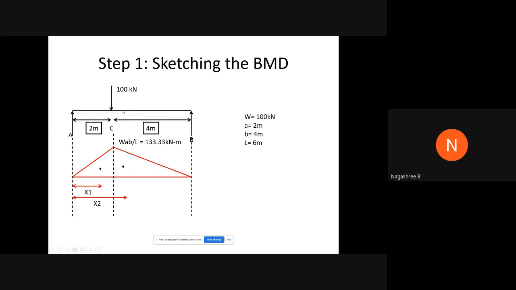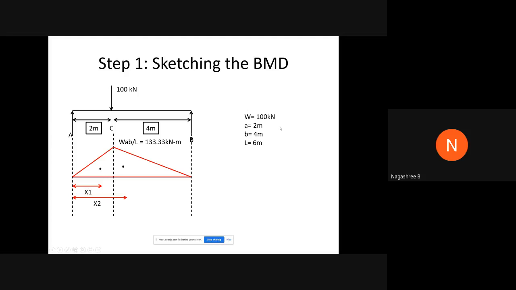Whenever you have a simply supported beam with an eccentric concentrated load, the maximum bending moment will be W A B divided by L. I repeat, the maximum bending moment value will be equal to W into A into B divided by L.